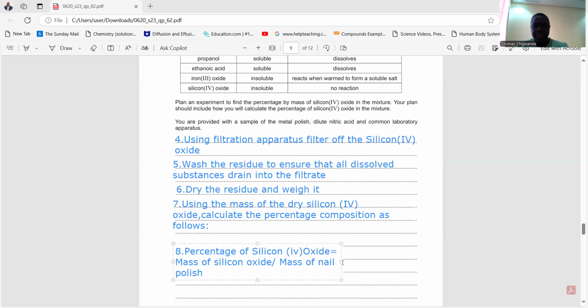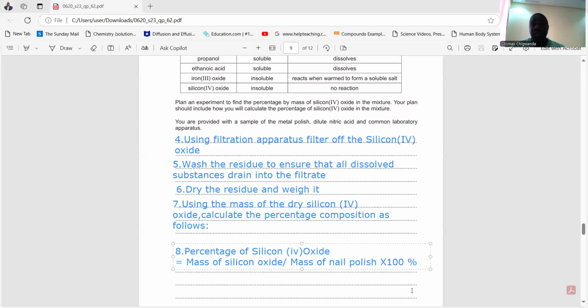Okay, let's just extend it so that we can write it like that. Then here we can say times 100%. Okay, so if you use this formula, you are going to actually calculate the percentage of silicon 4 oxide.